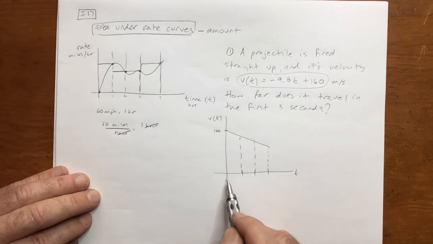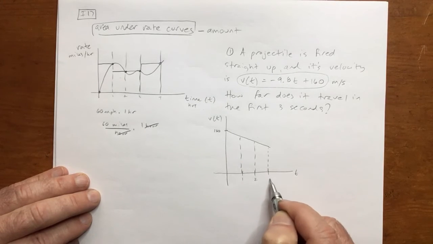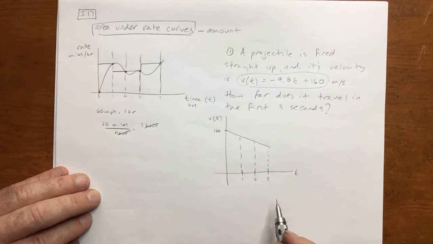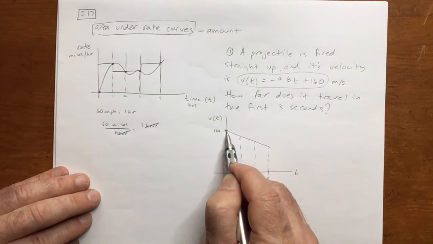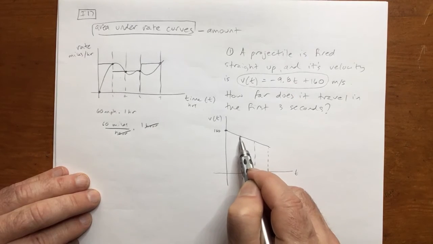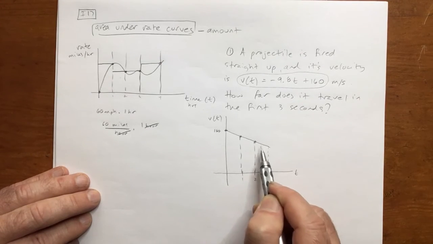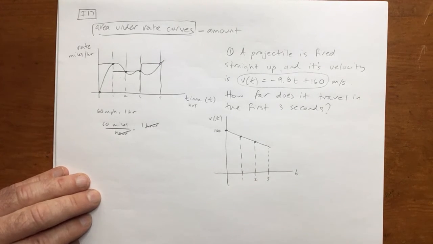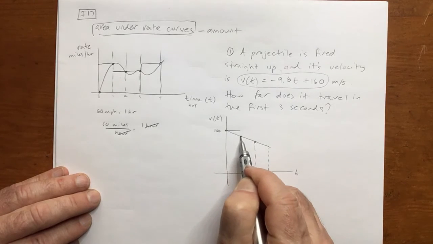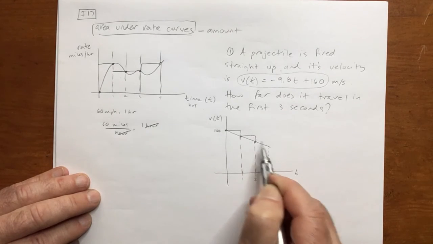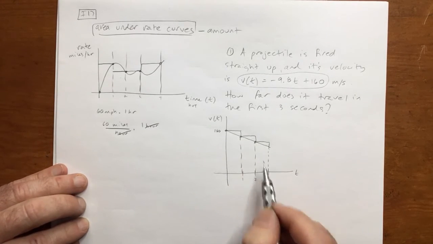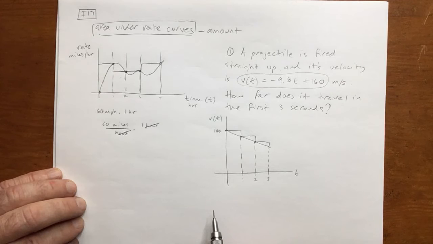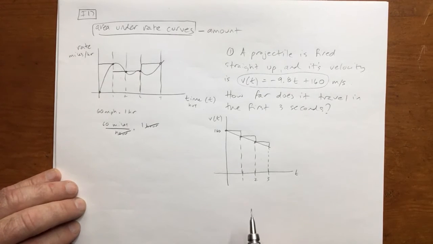For each interval, this is 1 second, 2 seconds, and 3 seconds, I would take the leftmost point. This point is inconsequential. I would make a rectangle for each interval using the left point, and I would find the area of each rectangle. And I would say that's approximately how far I've gone in the first 3 seconds.